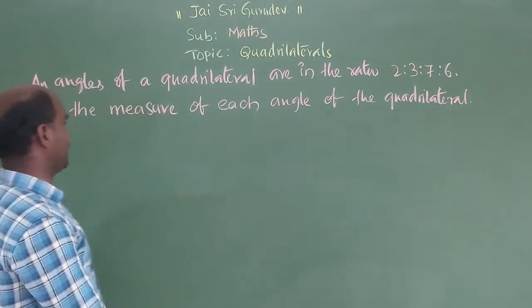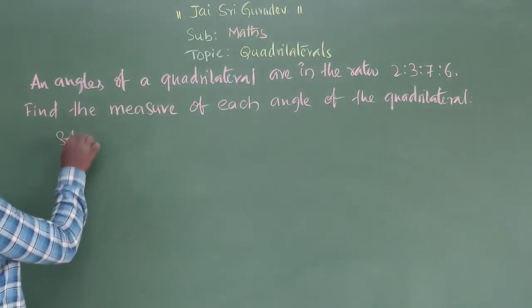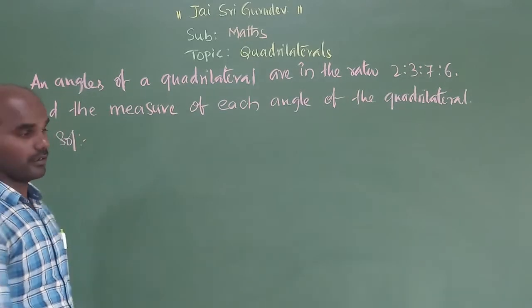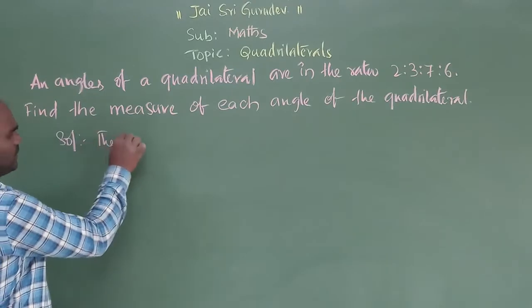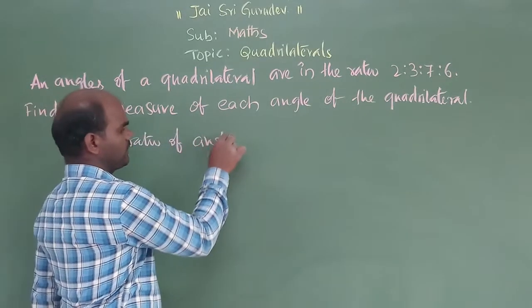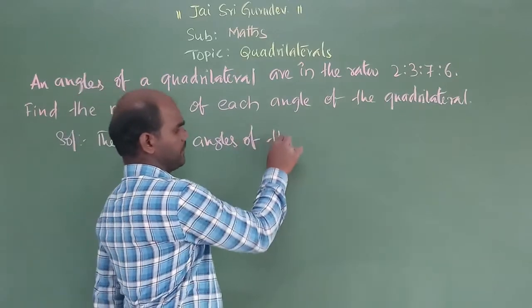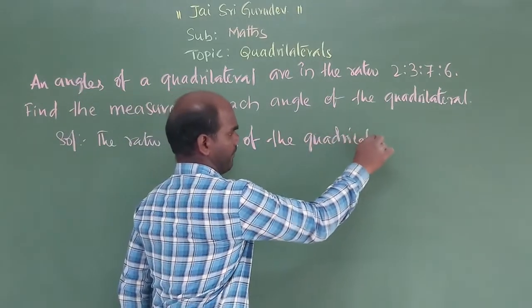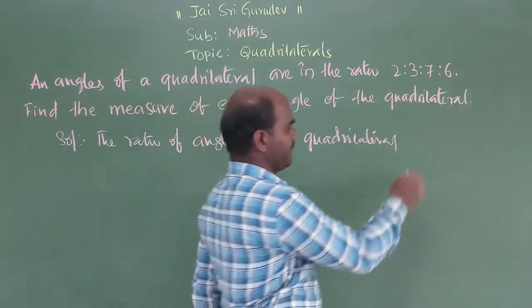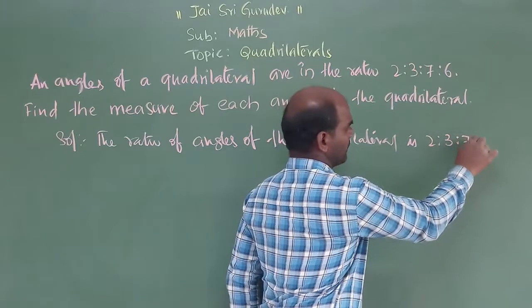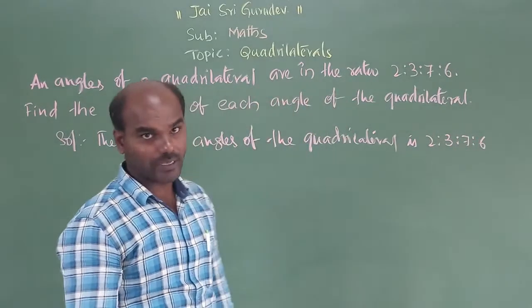Okay, so dear children, in the solution, the ratio of the angles of the quadrilateral is how much, children? 2:3:7:6.